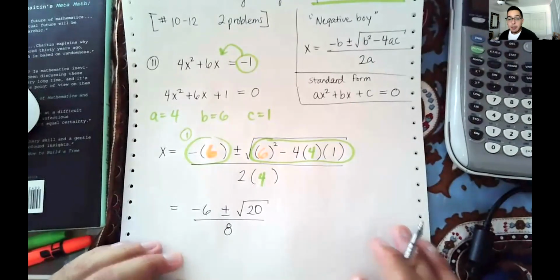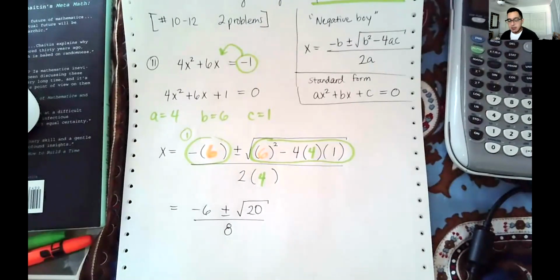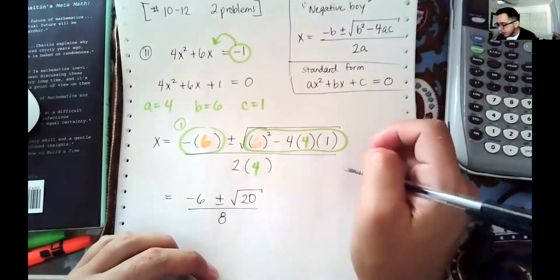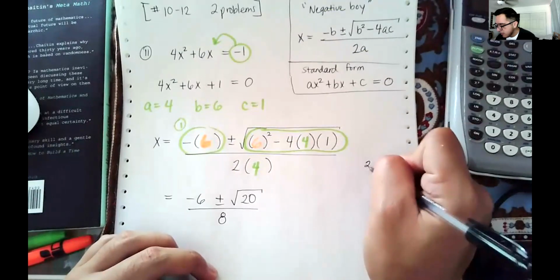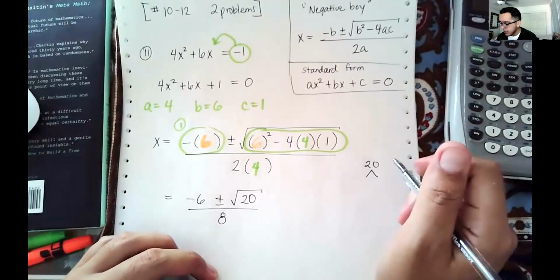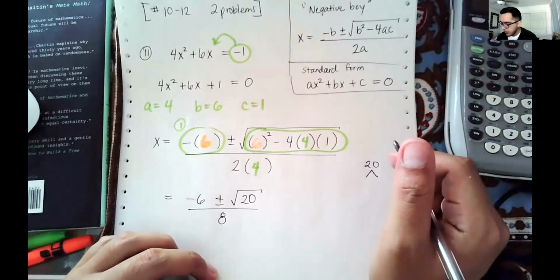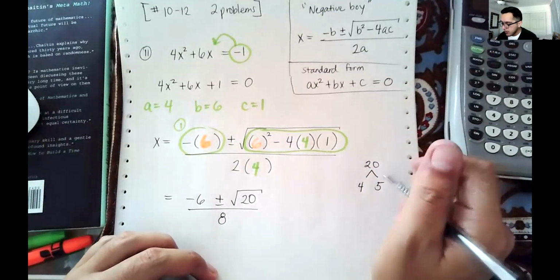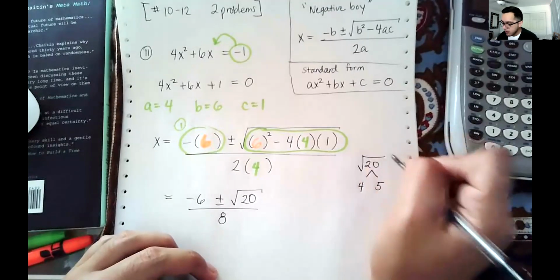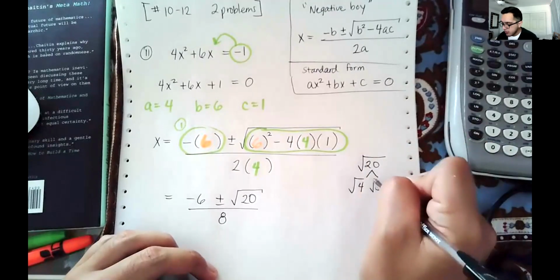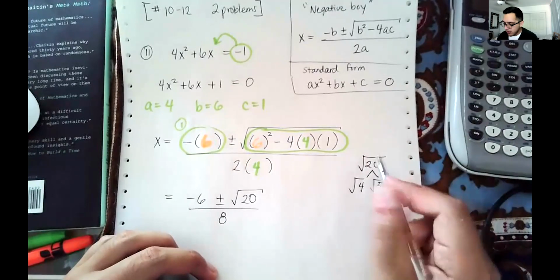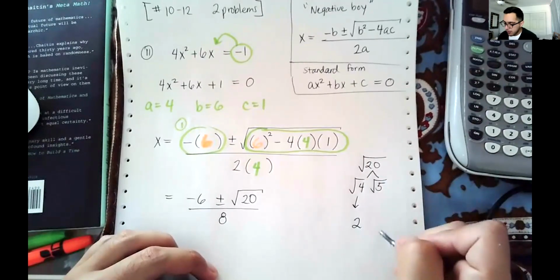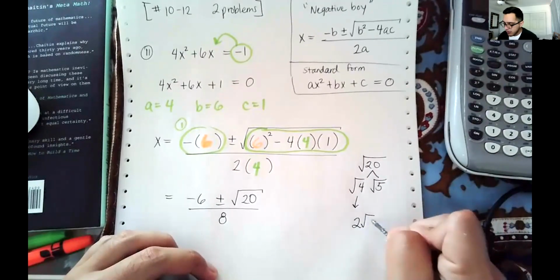Now, some people might be tempted to just leave this as it is, but it turns out that we can simplify the radical further, because 20 can break down into, what could we break this down into? 4 times 5. And so if we're taking the square root of 20, we could take the square root of 4, and that'll just become a 2, but we can't take the square root of 5.